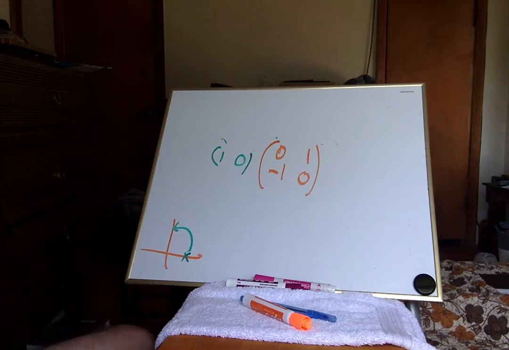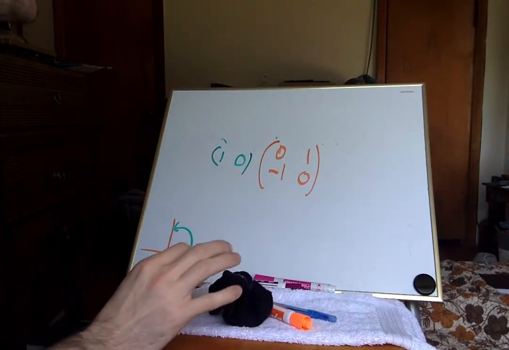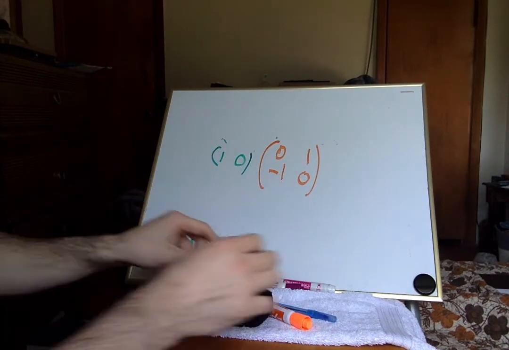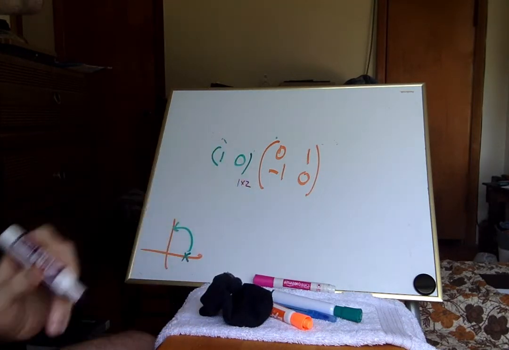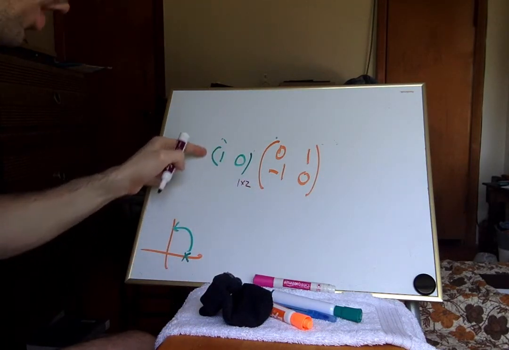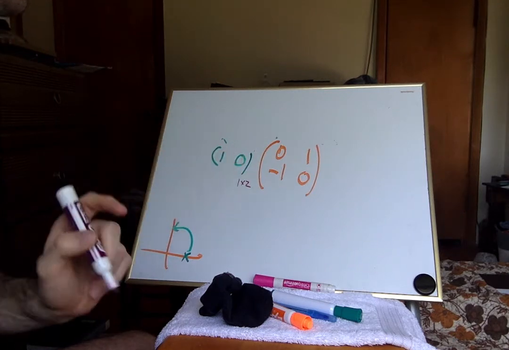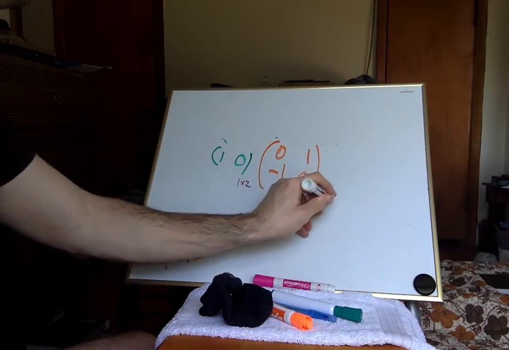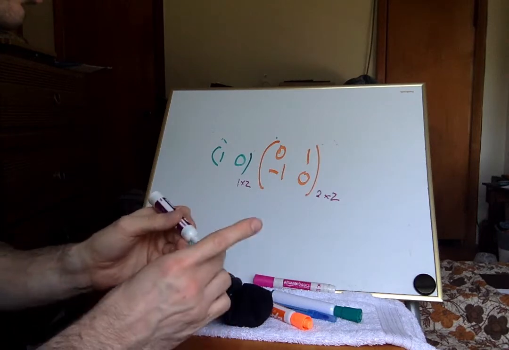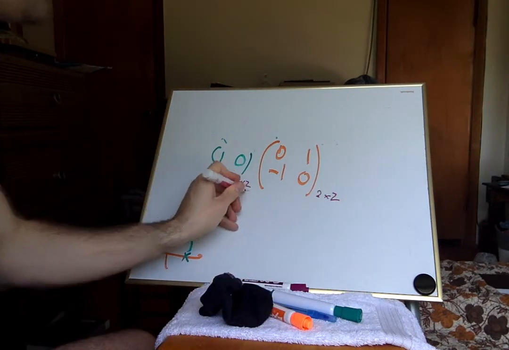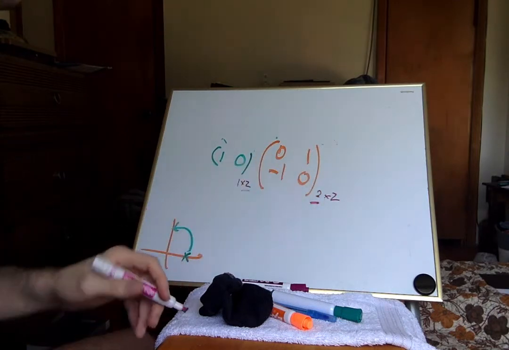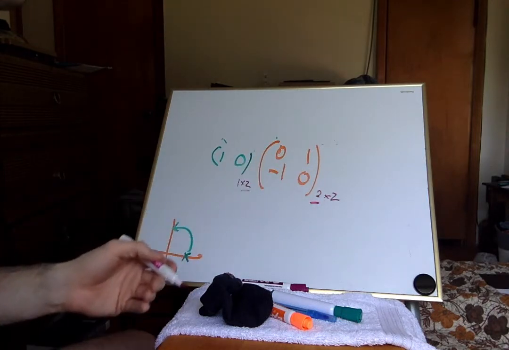Okay, great. So before I calculate this, let's just think, does this make sense? Okay, so this is a 1 by 2 matrix, right? 1 row, 2 columns, 1, 2. This is a 2 by 2 matrix, and so because the inside entries are the same, 2 and 2, this does make sense. And what is the new dimension?